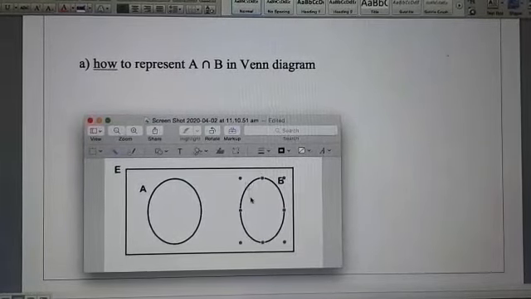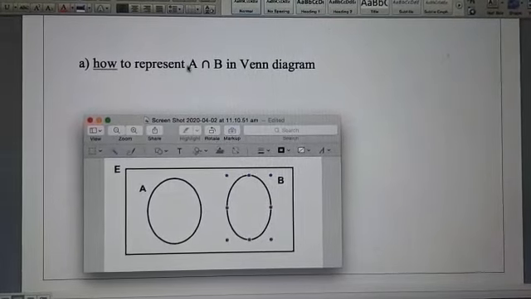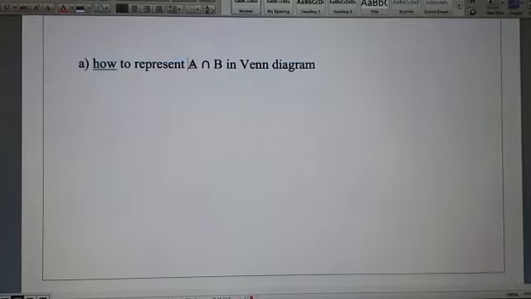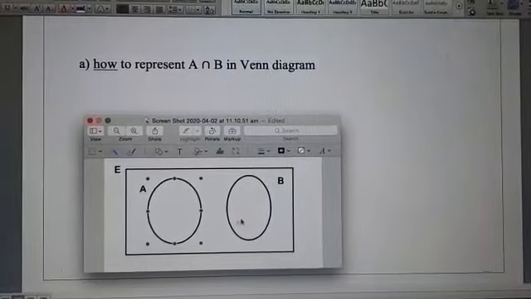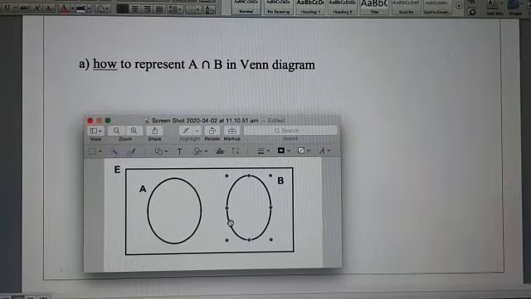When you have to represent A intersection B, intersection means the part which is common in both A and B. But here we don't have any common part, so we are not going to shade anything over here.